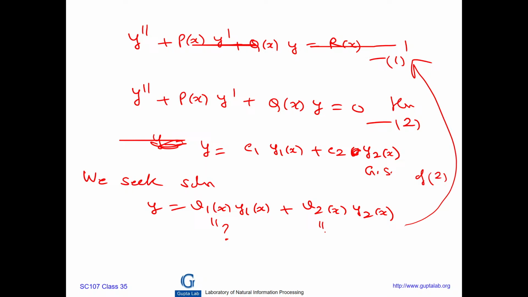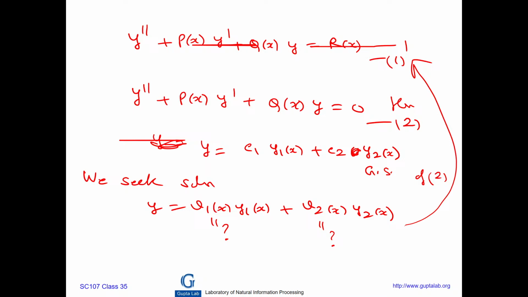We don't know. I need to find those values. Okay? Gotcha? So basically I am varying the parameters. c1, c2 were parameters, constant, right? I am saying that now in place of constant, we have two functions, v1(x) and v2(x). I don't know what are their values. Now I will substitute this expression into equation 1 and solve for v1 and v2.